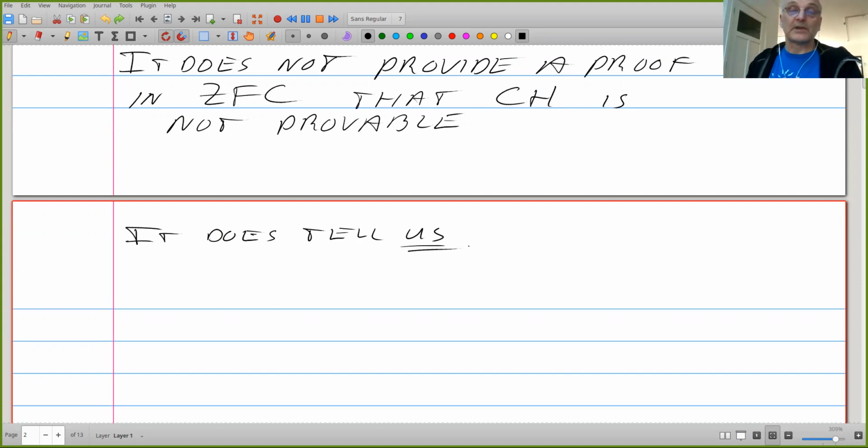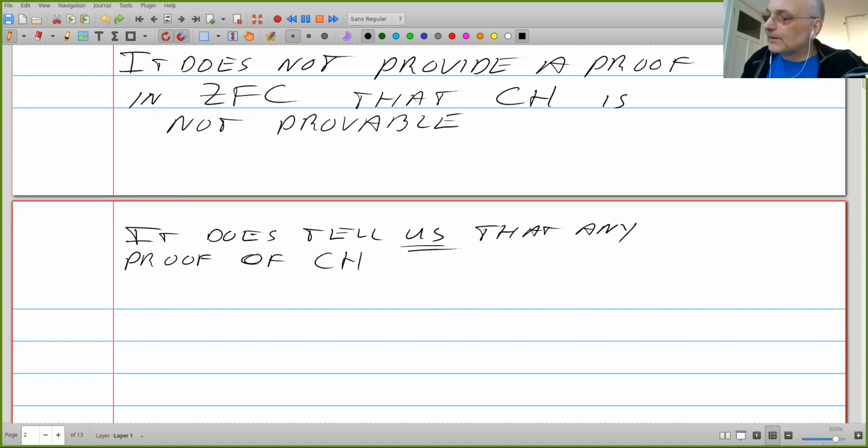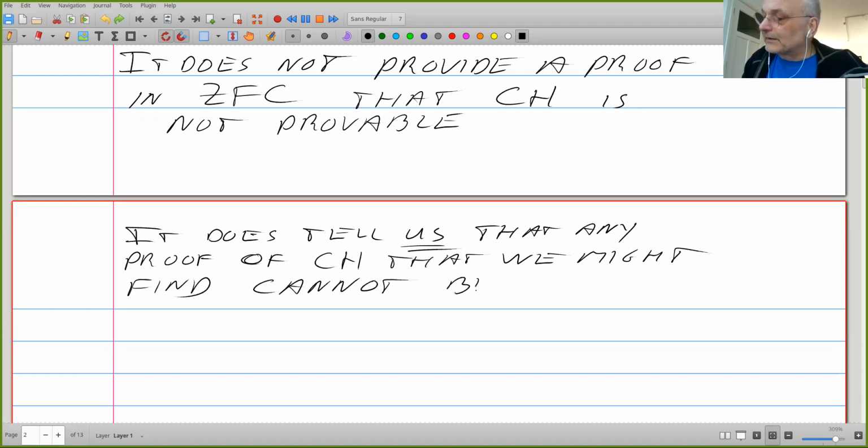it tells us outside the world of sets that there is no proof. Well, let me be very careful here: that any proof of CH that we might find cannot be translated.